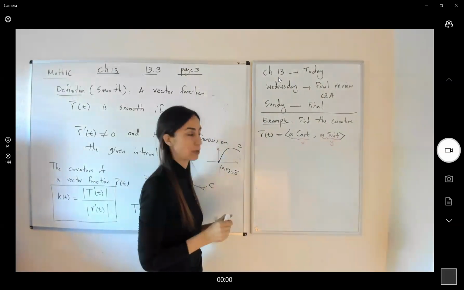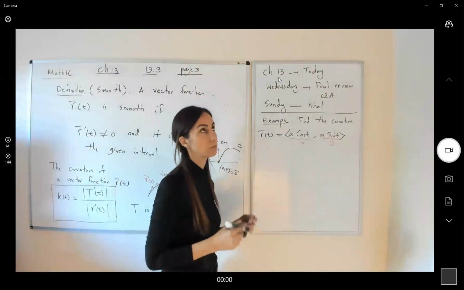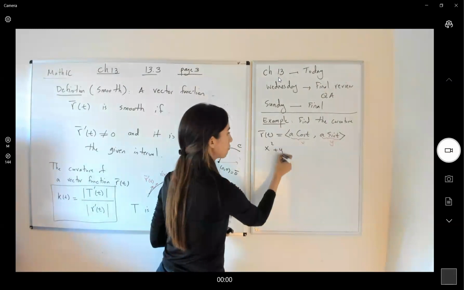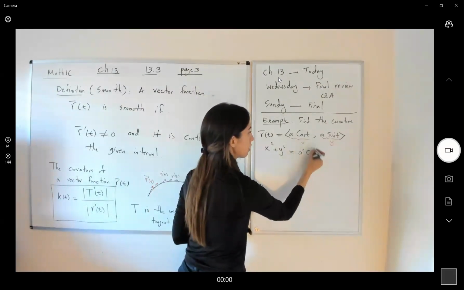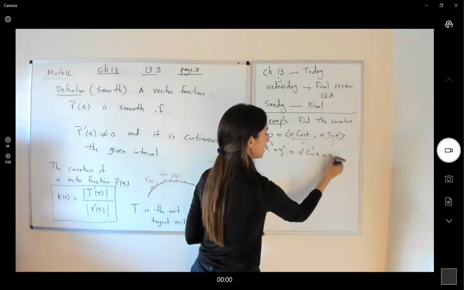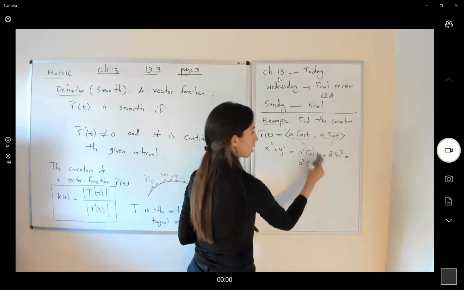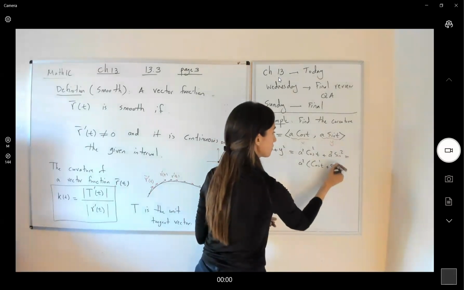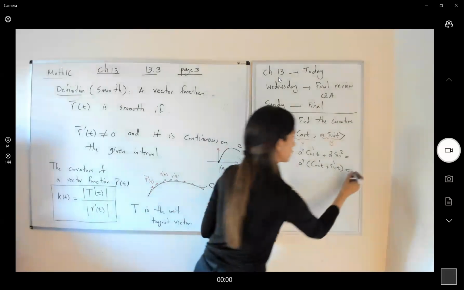If I take x squared plus y squared, what do we have? We get a squared cosine squared plus a squared sine squared, which is a squared times cosine squared plus sine squared, which just equals a squared.